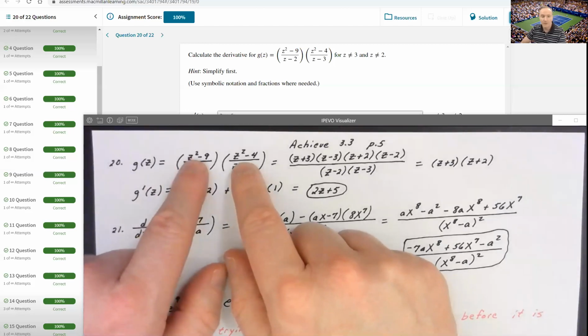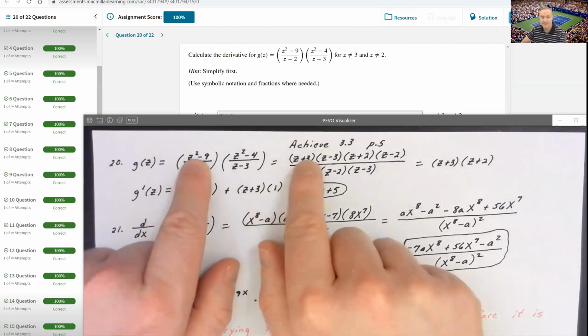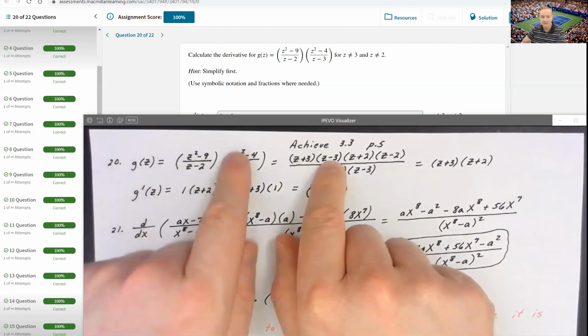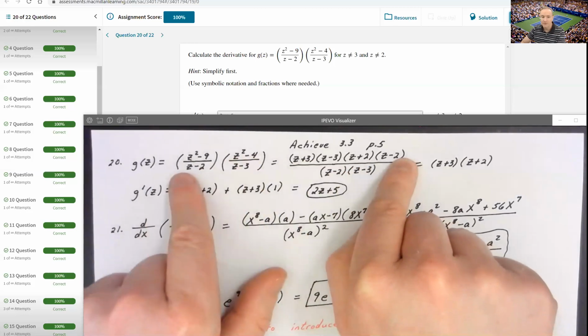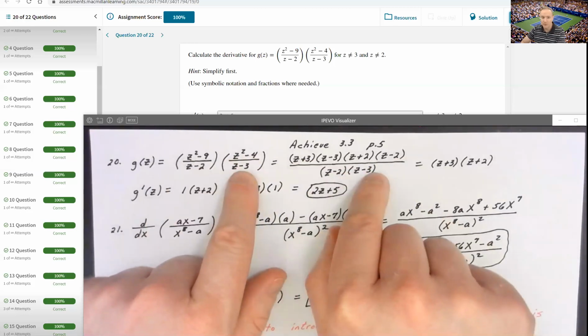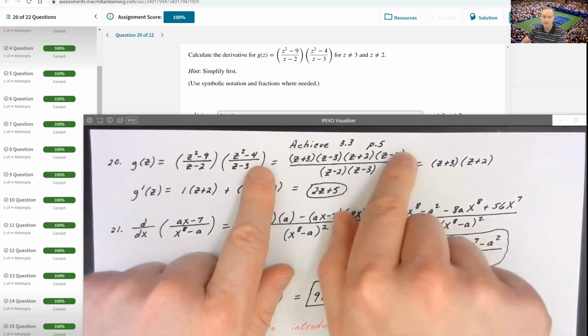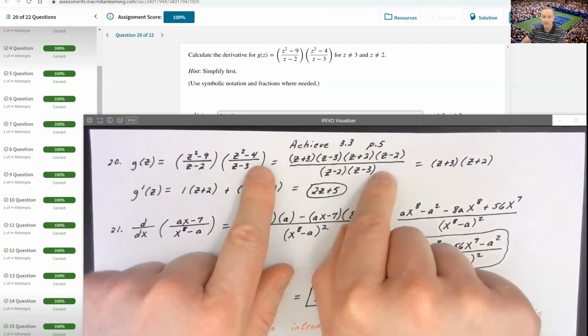So I went ahead and wrote out z squared minus 9 is z plus 3, z minus 3. z squared minus 4 is z plus 2, z minus 2. Of course, I had my two denominators, so when you multiply all this across, all of this is one numerator, all of this is one denominator.